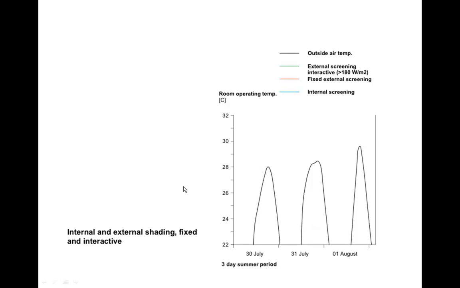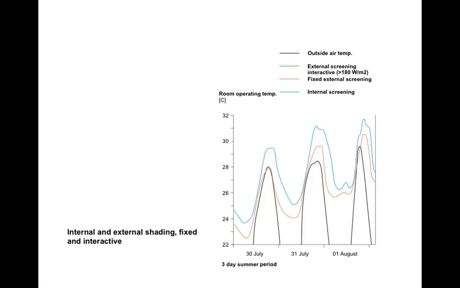The black is our outside air temperature, and the blue is the effect of internal shading, so this kind of stuff here. And it's not very effective. The internal temperatures are higher than the outside temperatures because you've let the heat in. The heat's come through the glass, it's in your building. Not effective.